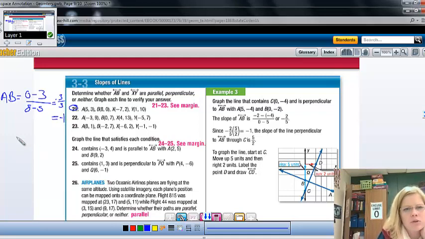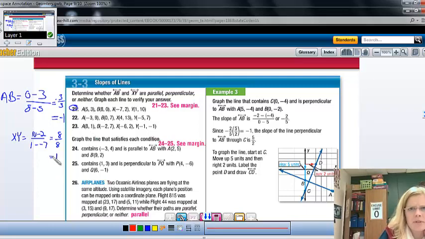Now if I was to do XY, I would have 10 minus 2 over 1 minus negative 7. So that's 8 over 8, right? What's that reduced down to? 1. Well, one's a negative 1 and one's a 1. Are they opposite reciprocals? Well, how do you put negative 1 into a fraction? Over 1, right? How do you put 1 into a fraction? Over 1. Are they opposites? Yeah, one's negative, one is positive. Are they flipped? Well, yeah, 1 and 1. So that's why these are parallel.